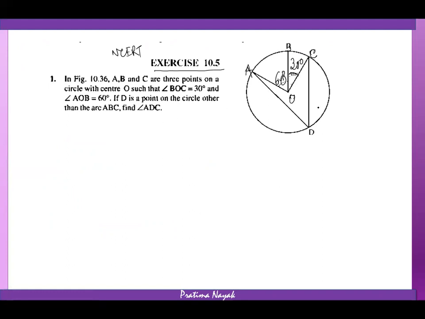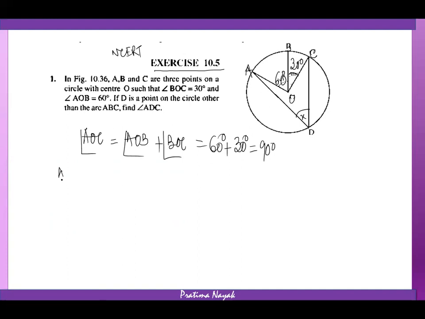Then you have to find ADC. So this is very simple. First you will get angle AOC. AOC is equal to AOB plus BOC. So it will be 60 plus 30, that will be 90 degrees.